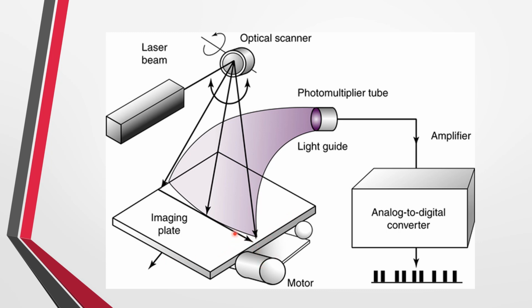As it's being read, the information on the image plate, which is just a faint blue light, is going to be released by PSL, the photostimulable luminescence, and that's going to be collected by the collecting optics, which is going to be the fiber optics, very thin tubes of glass.